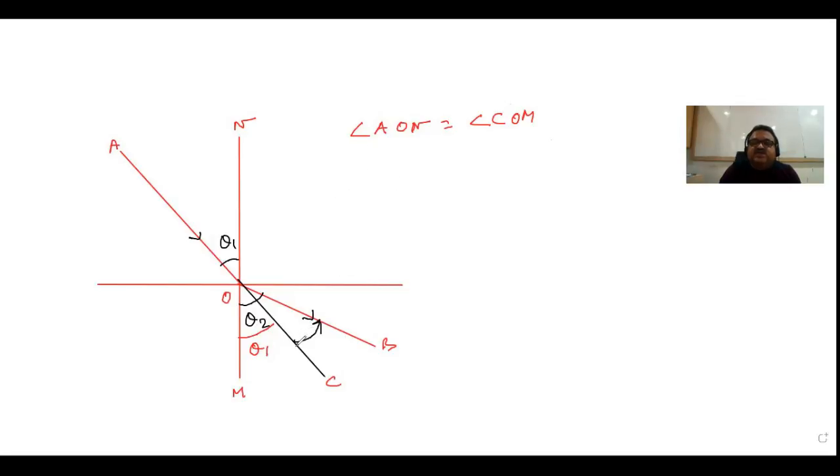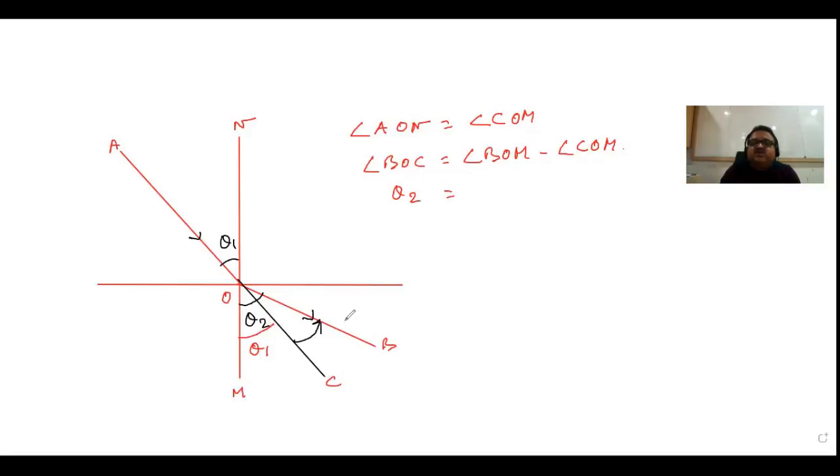Now watch. We need to find this angle, which means angle BOC. So can I write angle BOC is equal to angle BOM minus angle COM? Correct?